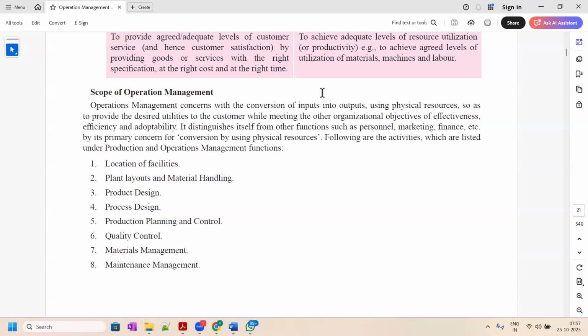And once you have the product design in your mind, then talk about the process design: how will you get from raw material to finished good with the proper plant layout, making sure resource utilization is achieved and wastage of resources is avoided.